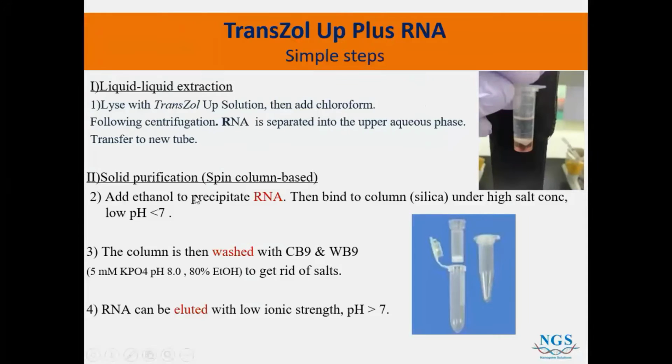Then we move on to the second step, which is the solid-phase purification, where we involve the spin column. Here we just add ethanol to precipitate our RNA, and then we wash with these two buffers, namely CB9 and WB9. So in less than 1 hour, we can get our RNA.